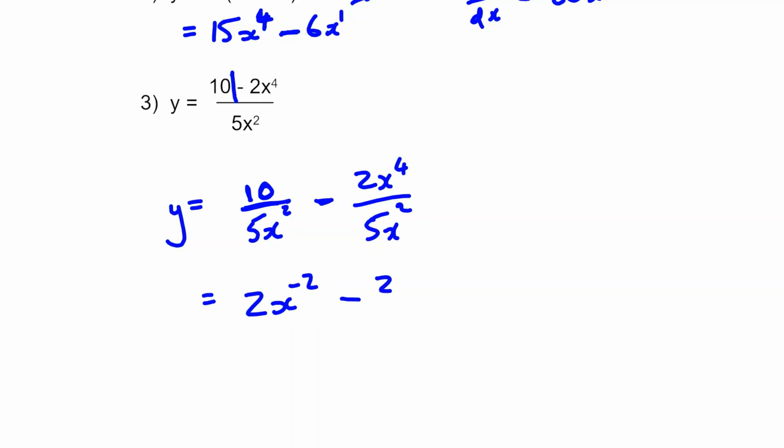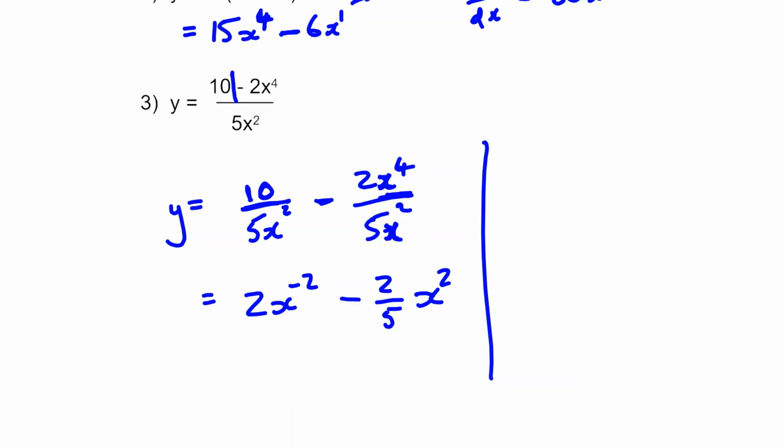Well, let's just leave this as a fraction, 2/5. And we've got x to the power of 4 divided by x squared. So we are dividing terms with the same base, so we're going to subtract the powers. So x to the 4 divided by x squared is x to the power of 2.